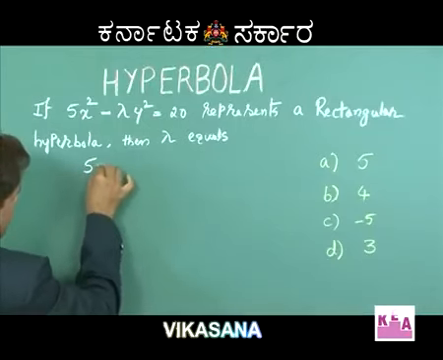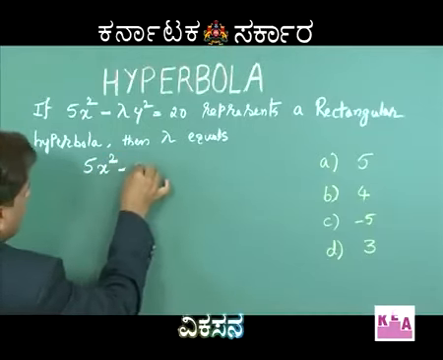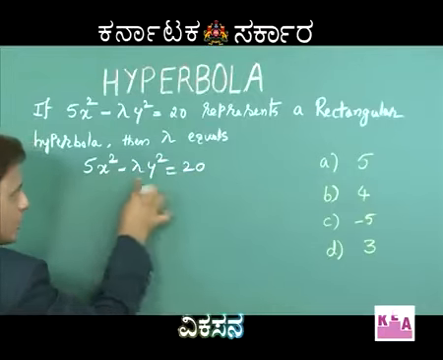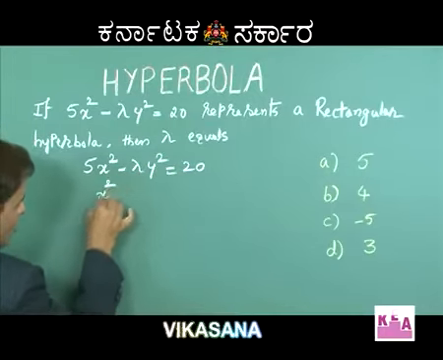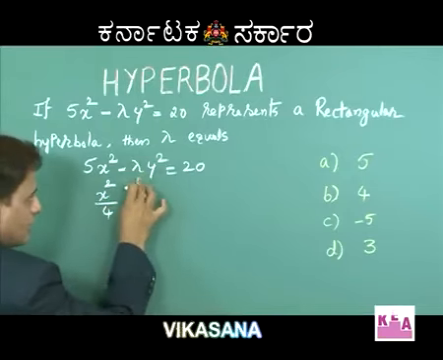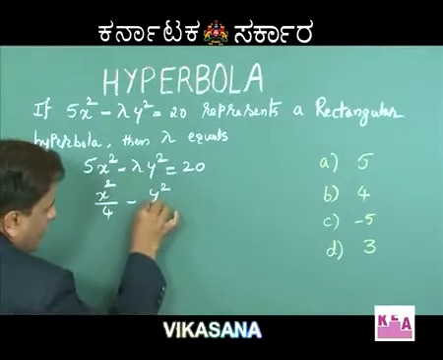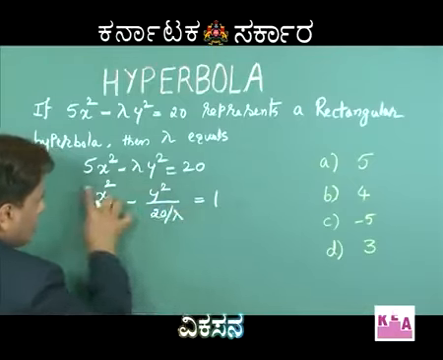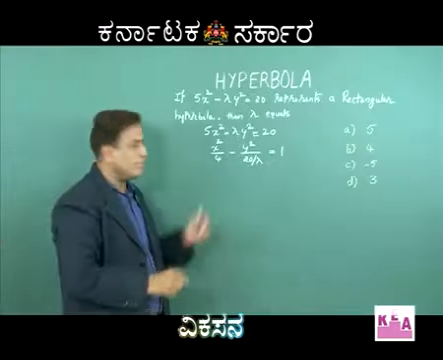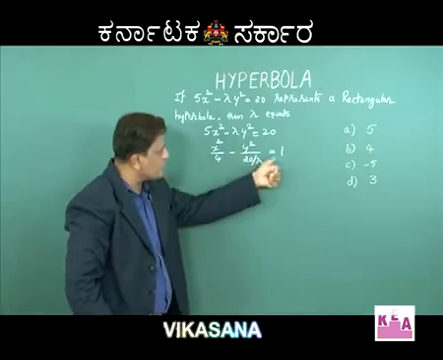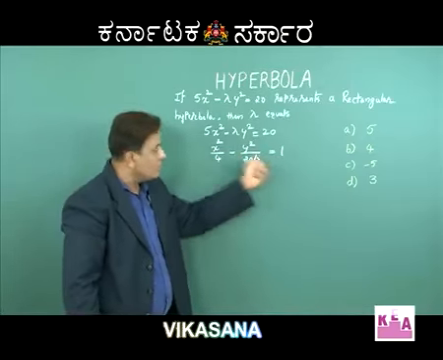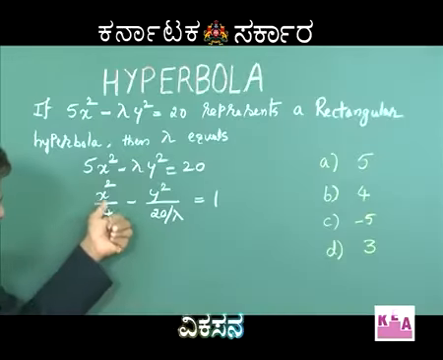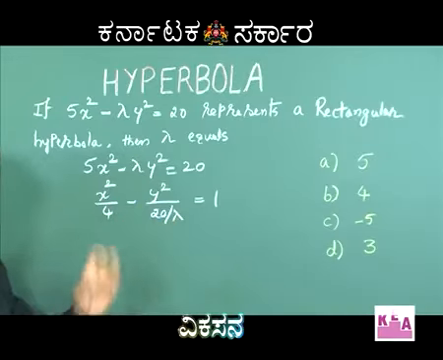Consider this equation 5x square minus lambda y square is equal to 20. Dividing each term by 20, it can be written as x square by 4 minus y square by 20 by lambda equals 1. Now, this is in the form of x square by a square minus y square by b square is equal to 1, it is a hyperbola, but according to the given data it is a rectangular hyperbola. In a rectangular hyperbola, a square and b square must be equal.